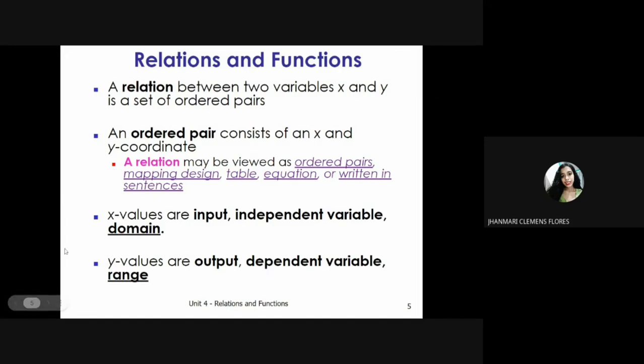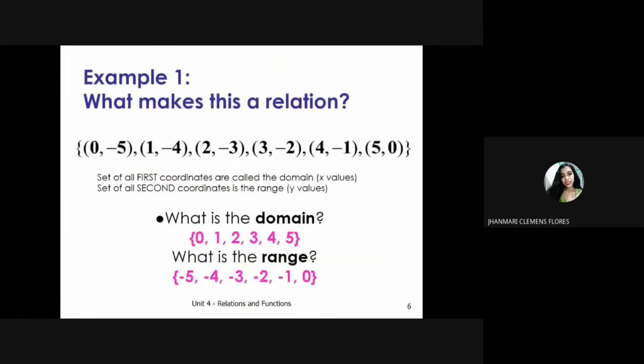Okay, so how are we going to apply these? What makes a relation in the first place? That's what we're all wondering, right? To form the relation, we first have to have the x coordinates. Since we understand that the domain right here is 0, 1, 2, 3, 4, 5, we put the x coordinates here on the left side.